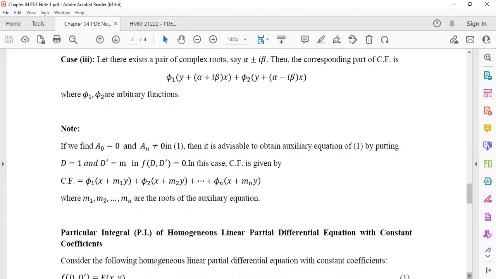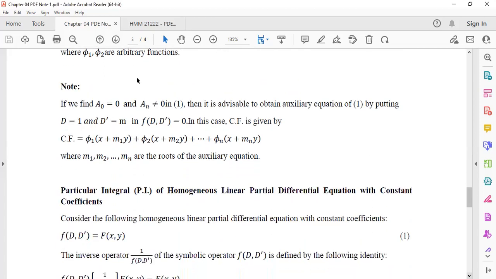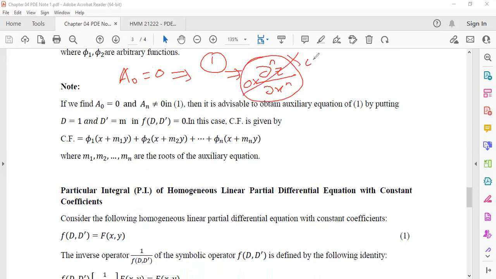So one of the notes says, let's say in equation number 1, sometimes you may have a naught equal to 0. If a naught is equal to 0, go through equation number 1. What will happen? You don't have this part, the nth term, since this is 0 times this one, so this term vanishes.